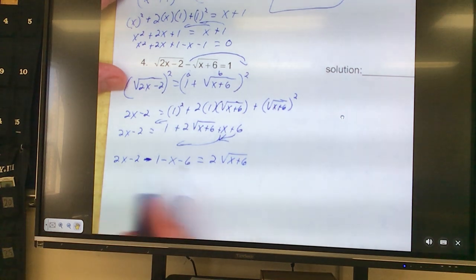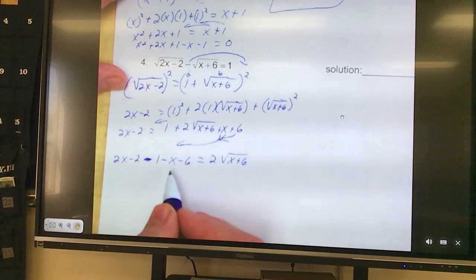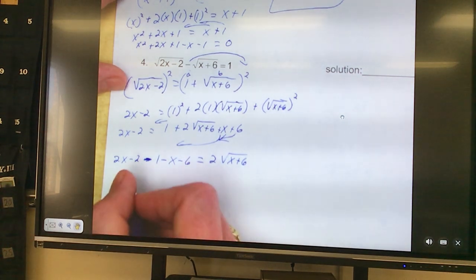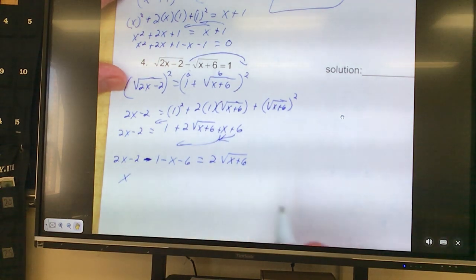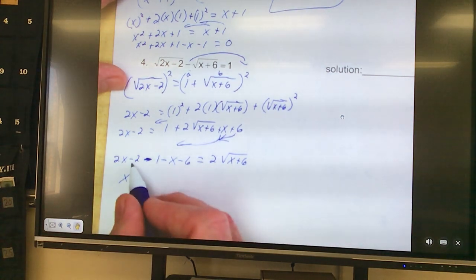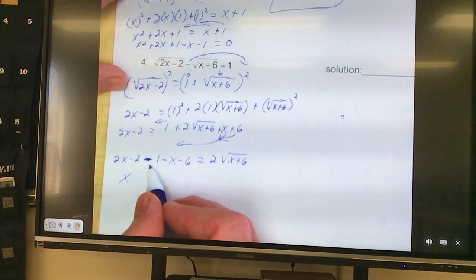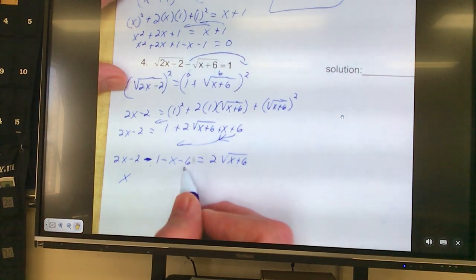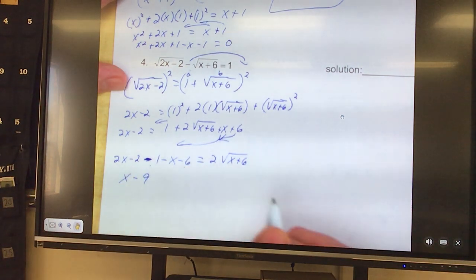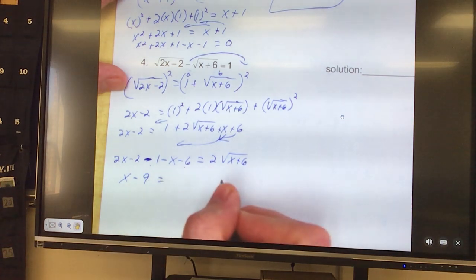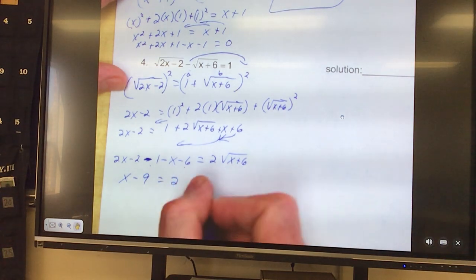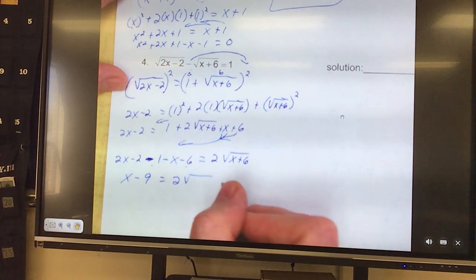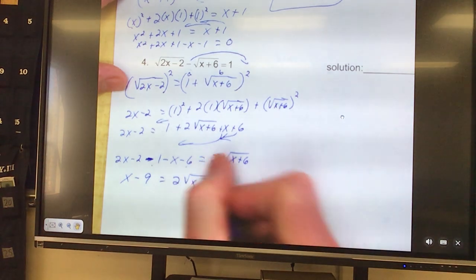Clean up this side. 2x and minus x would be just x, or 1x. Negative 2 minus 1 is negative 3. Minus 6 more would be minus 9. Equals 2 square root x plus 6.